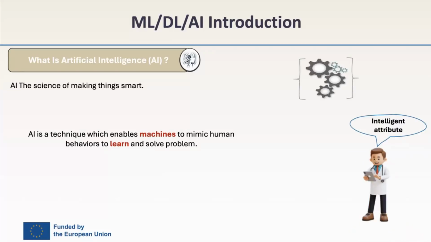When we talk about us as humans, we have intelligent behavior. For example, when we talk about doctors with medical diagnosis, we expect humans to learn some task and try to classify some disease.